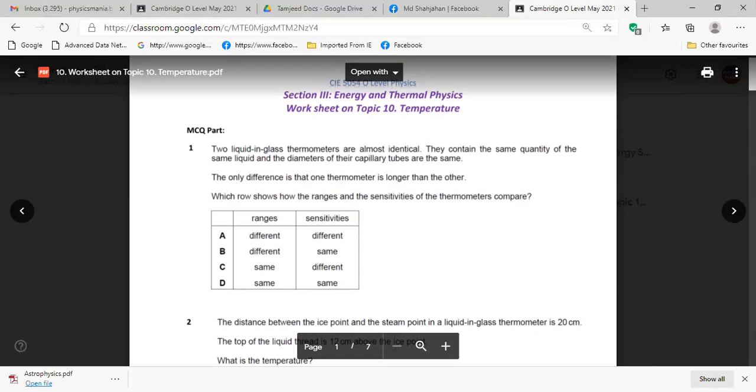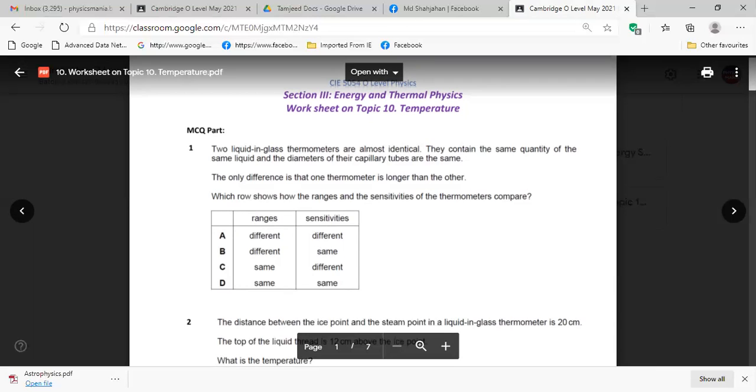Sir, range depends on the length of the thermometer, and sensitivity depends on the diameter of the capillary tube, and responsiveness depends on the... They will not ask you responsiveness in the O level syllabus. That is in the IG syllabus. In this syllabus, we need only sensitivity, range, linearity. These things.